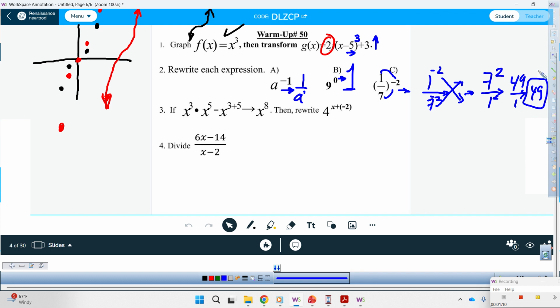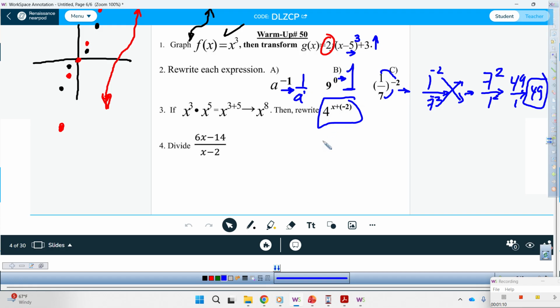Look at 3C. Tell your neighbor what you rewrote that according to 3C, and then we're going to have Carlos pat someone. Tell your neighbor what you got for that one, 3C. Scarlett, guide us through this one.